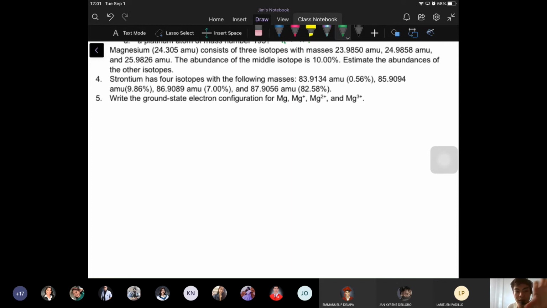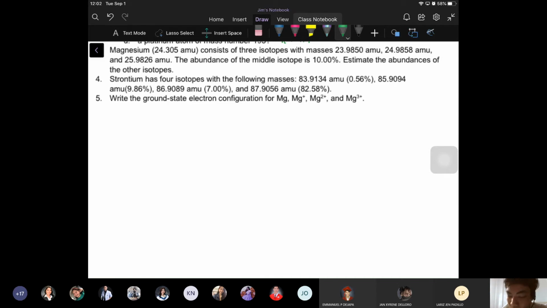If kunwari may na-detect siya at this molecular mass, kunwari 100, ibig sabihin nun, may present na ganitong sample sa iyong material, so positive. Pag wala, edi negative. So ganun yung testing in the future.